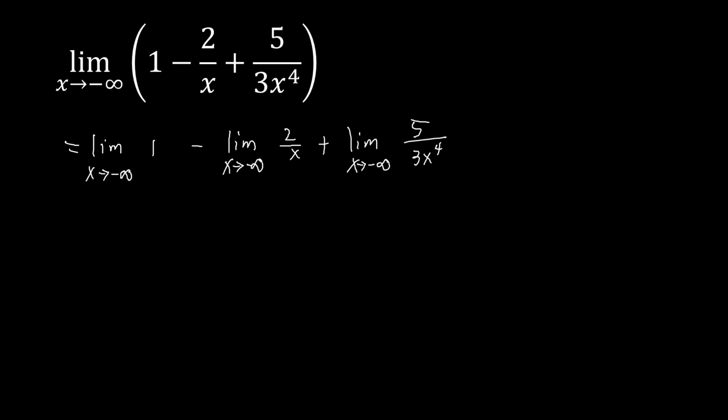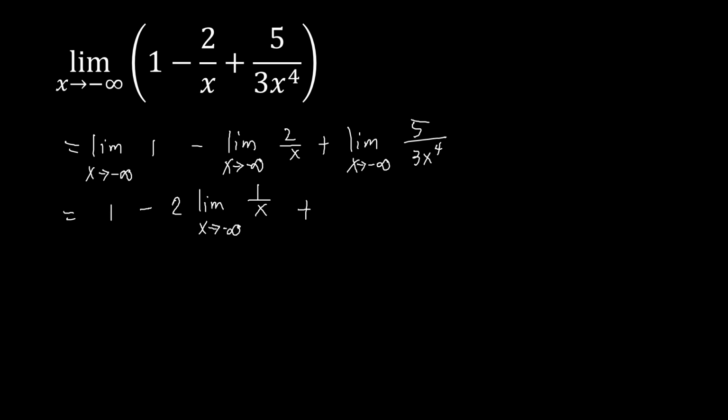Here the limit of a constant is still a constant, which is 1. Then for the limit of 2 over x, we can simply detach 2 because that's a common multiple. So we have 2 times the limit of 1 over x as x approaches negative infinity.